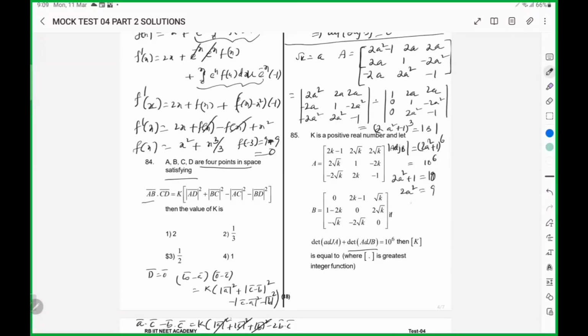Is 9. A square is K. K becomes 9 by 2. Step of K is step of 4.5, which is G.